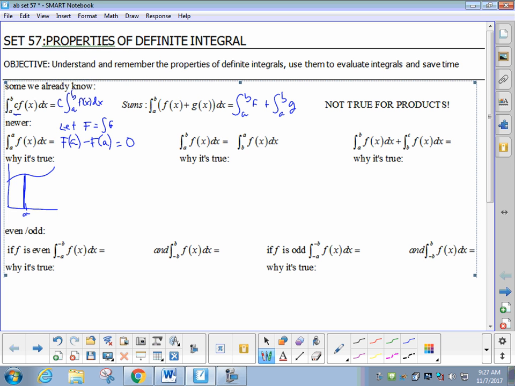What about if you switch the limits of integration from a to b to then b to a? What happens? It is the opposite. Why is that? Let's assume b is the bigger number and a is the lesser number.